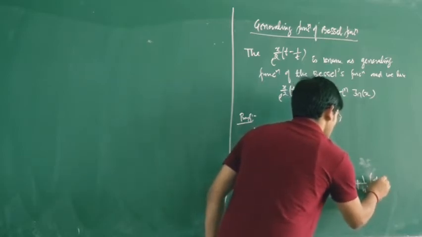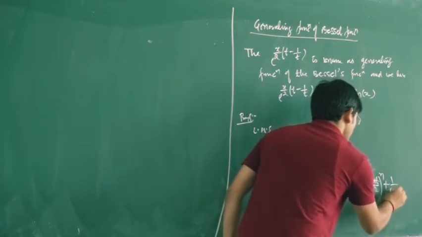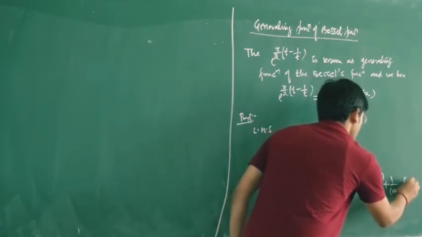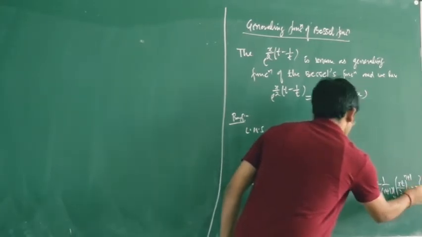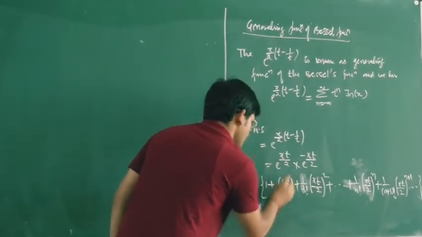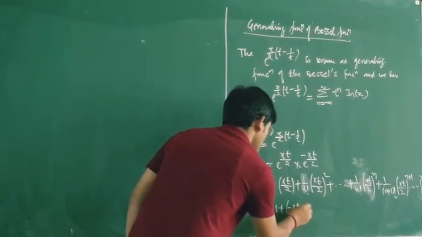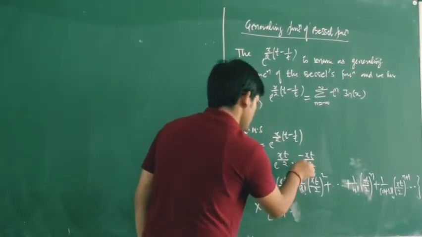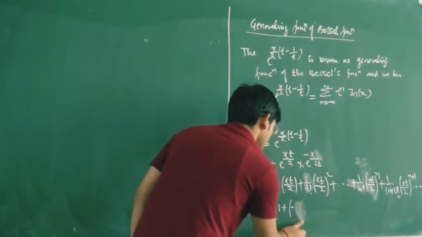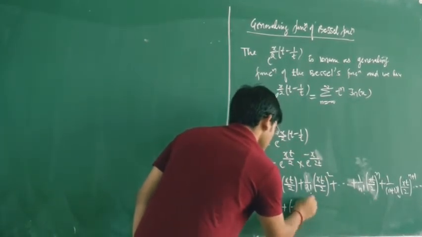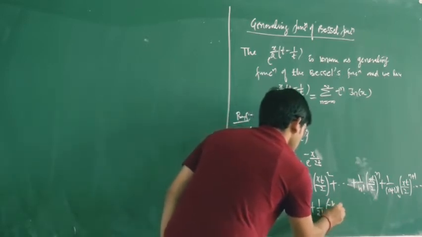Then we have xt upon 2 power n. Then your next term will be 1 upon n plus 1 factorial, then we will have xt upon 2 power n plus 1, and so on, multiplied by your next term. This will be 1 minus x upon 2t, then 1 upon factorial 2 into x upon 2t whole square.